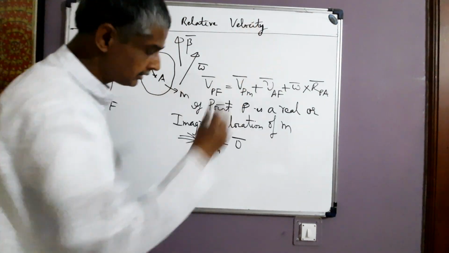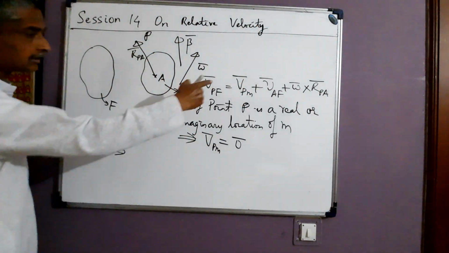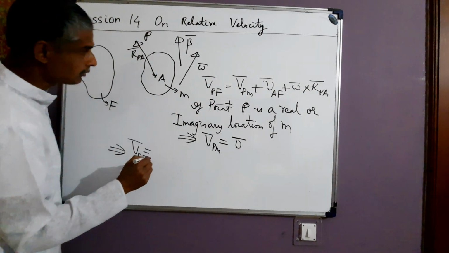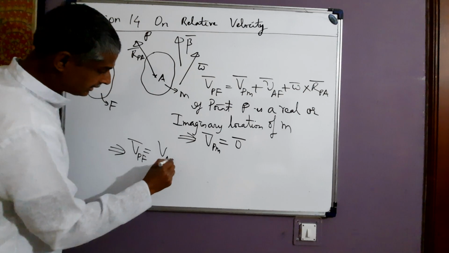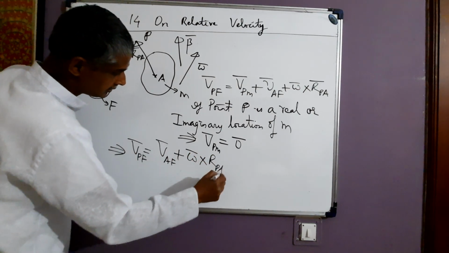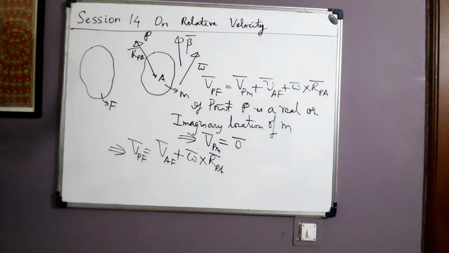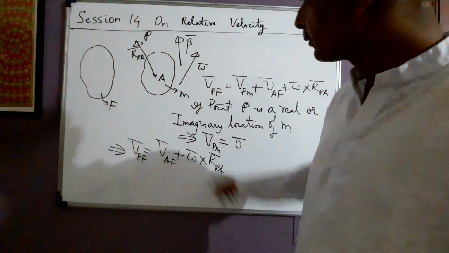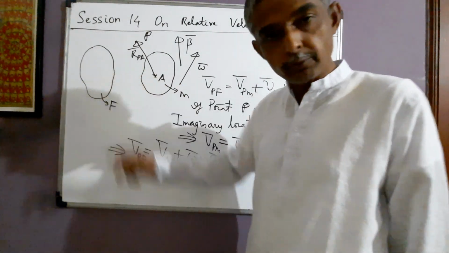So this term will go away. In that case, we get the following relation: VPF is equal to VAF plus omega cross RPA. So this relates the velocities of two locations of a rotating rigid body M with respect to frame F.